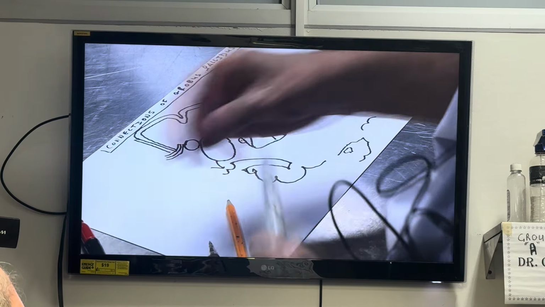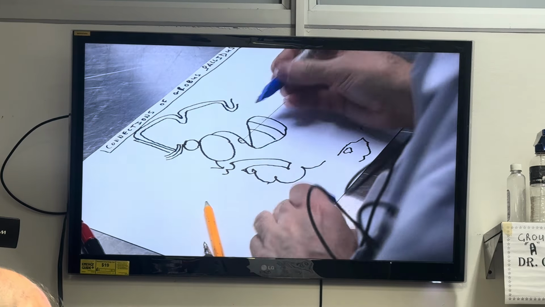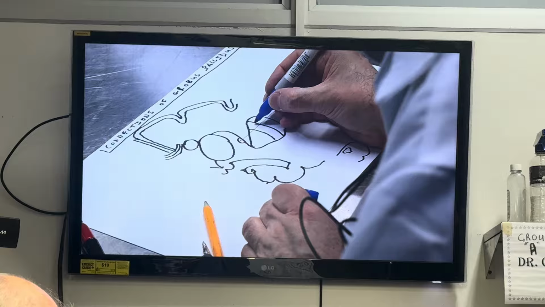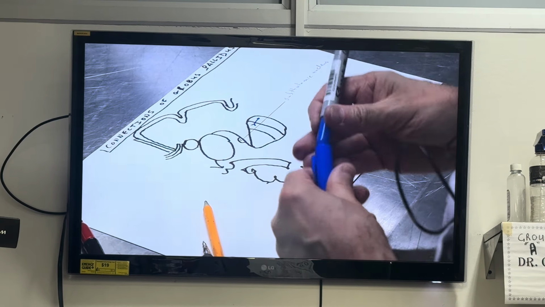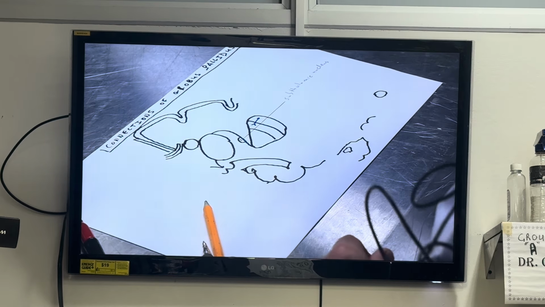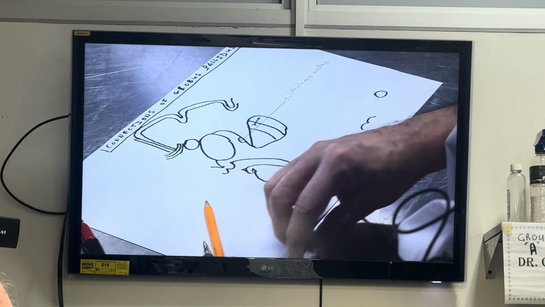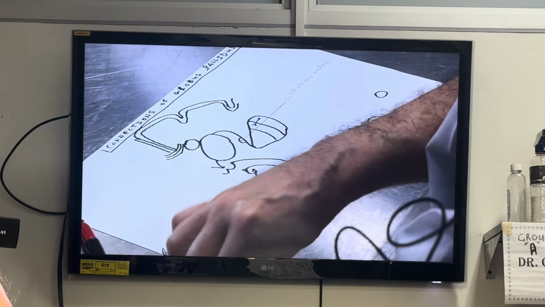So you have some neurons coming from your putamen, which are projecting on your external layer.